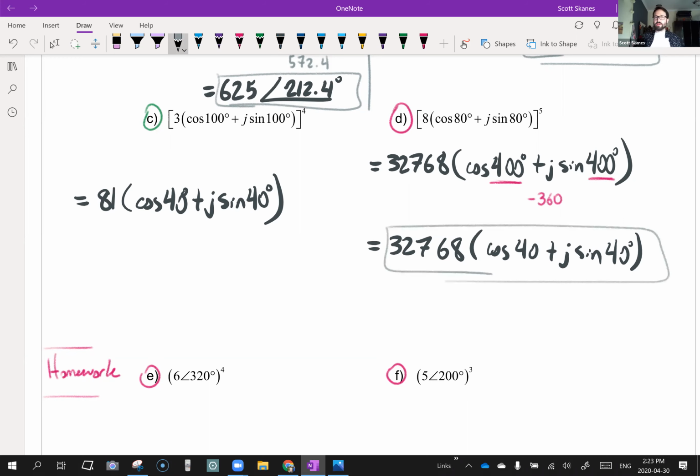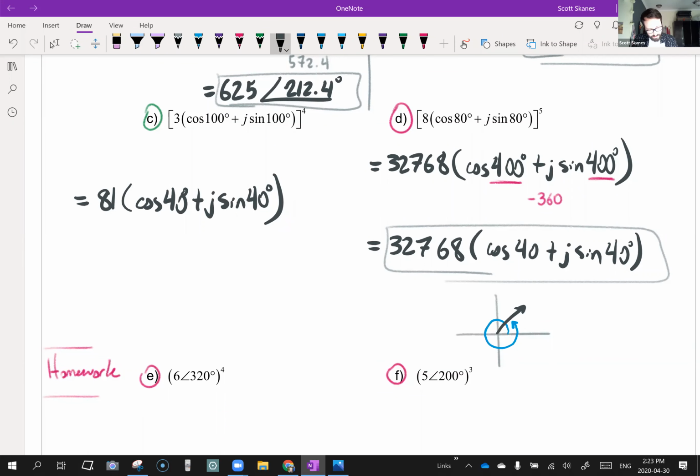So I'll show you very quickly why we don't want 400. The angle 400 is around 360 and then around again. So we would go one full turn, 360, and then we'd have to go an extra 40 degrees in order to give that polar form. Well, why bother going a full turn first?